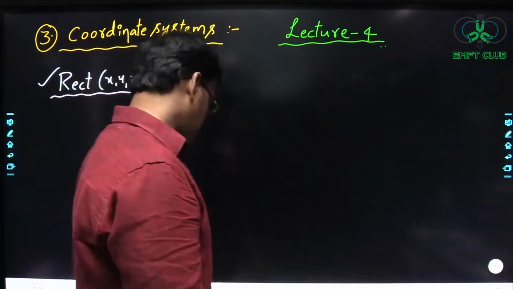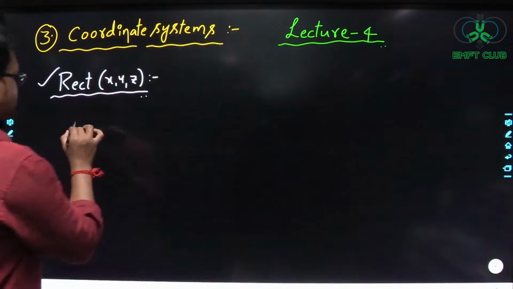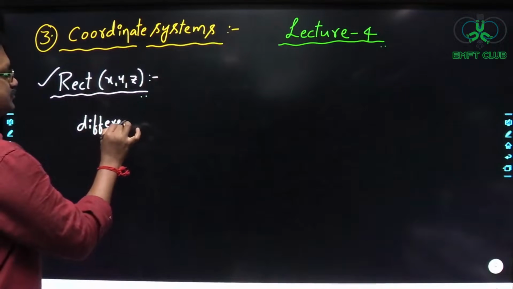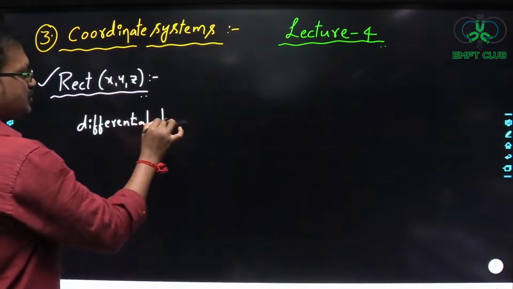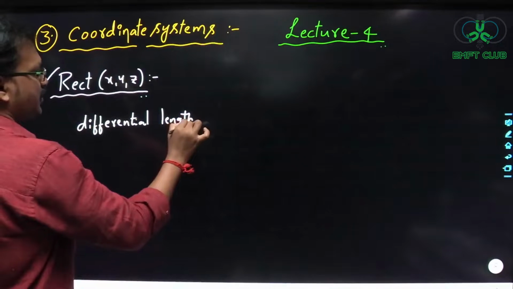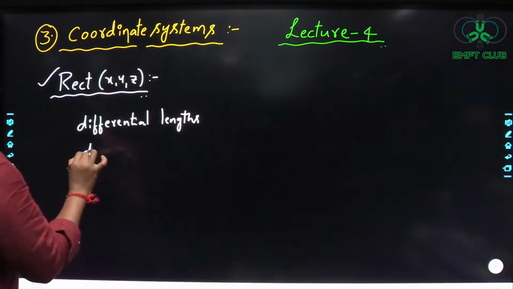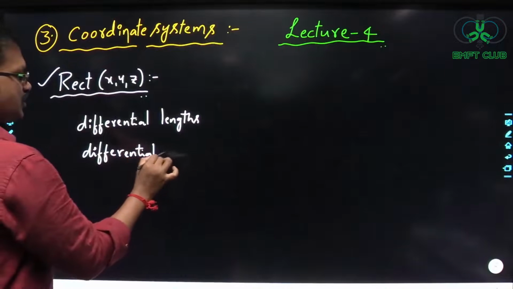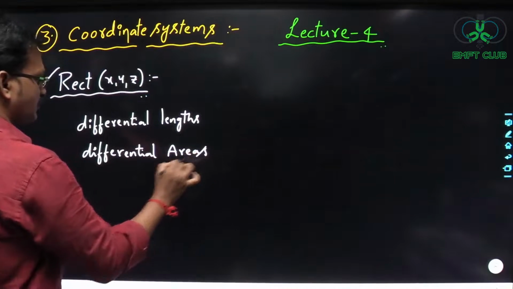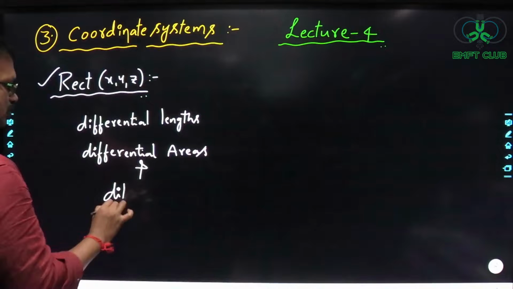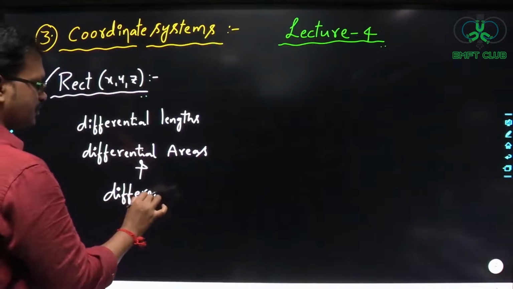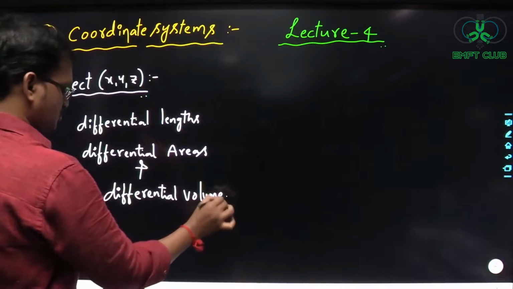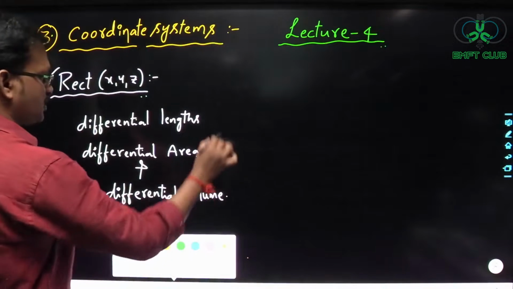So in this lecture we will study the differential lengths in rectangular coordinate system, and then differential areas, and differential volume. What is the differential volume? Okay. So determining these parameters is very important.